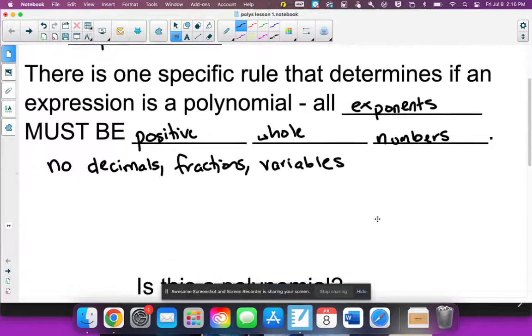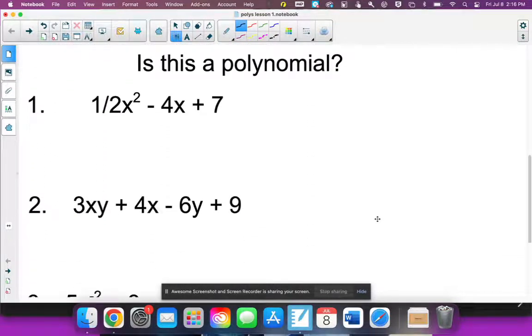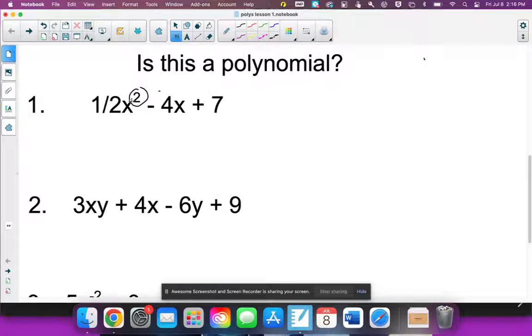Okay, so let's try a couple. Number one, is this a polynomial? So go back and check all your exponents, right? We want to make sure that they're all positive whole numbers. All right, so that's a positive whole number, right?